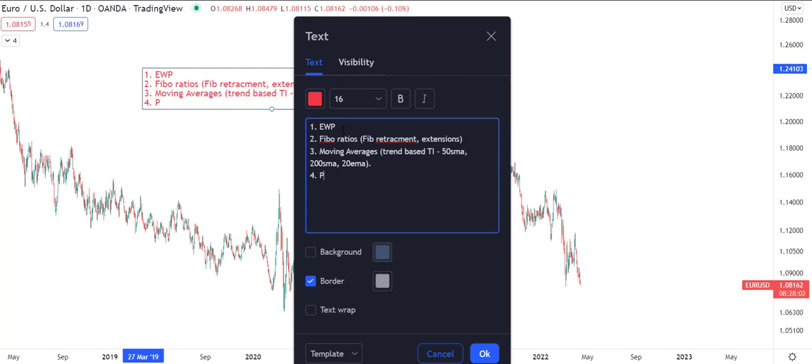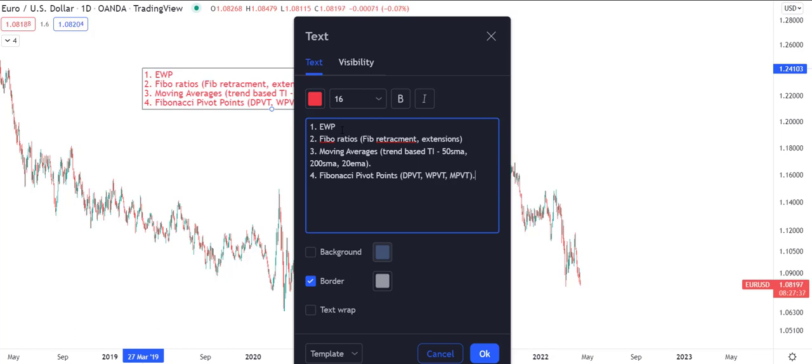Lastly, pivot points. It's always worth mentioning that this is the Fibonacci pivot points method. And in here, we use three: daily pivot, weekly pivot, monthly pivot.